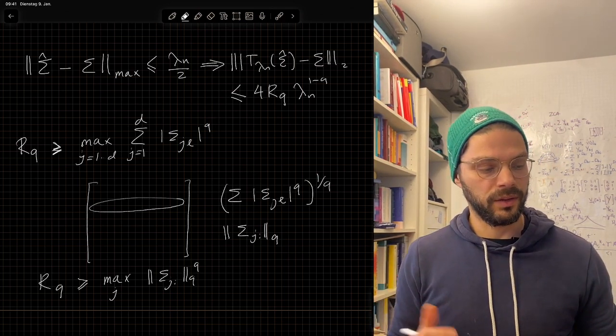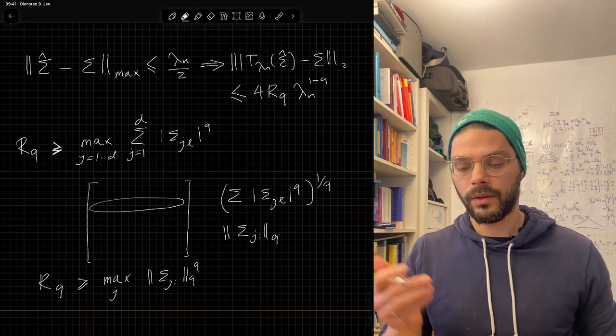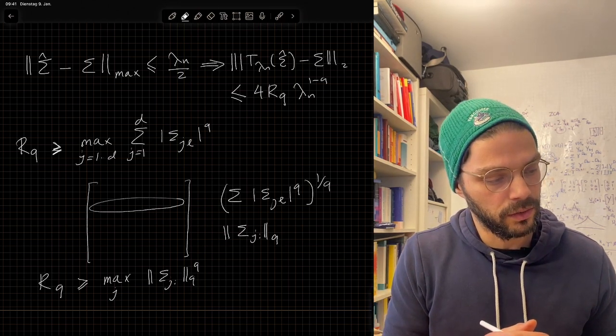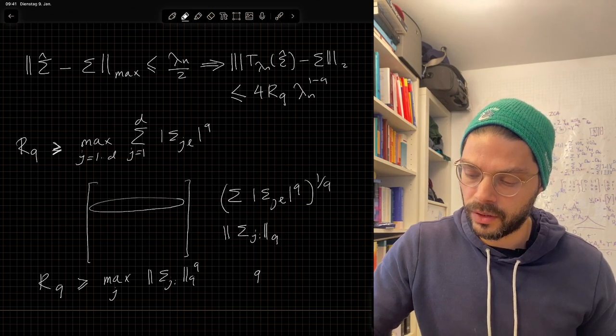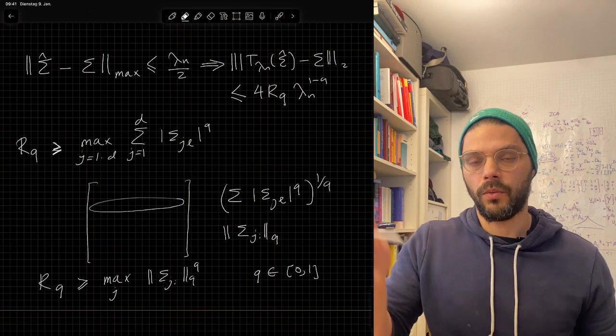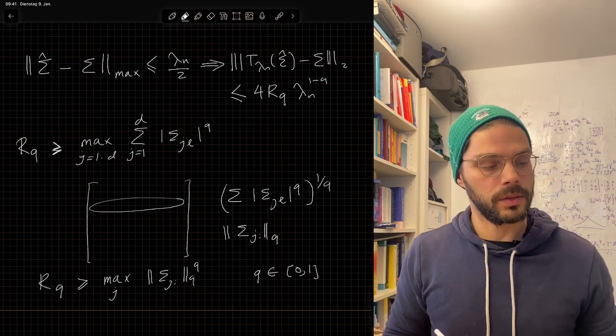I don't know if that's very helpful to think about it that way, but there it is. And this holds for Q from 0 to 1, so 1 and then all the non-convex ones.